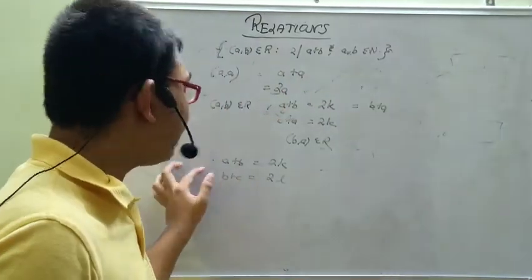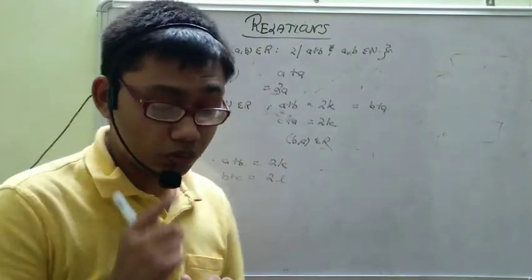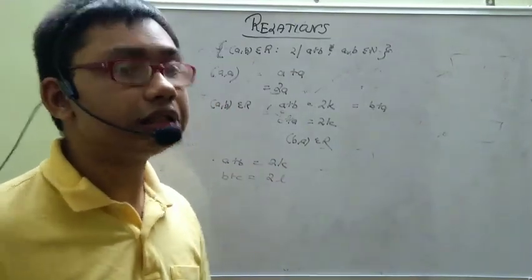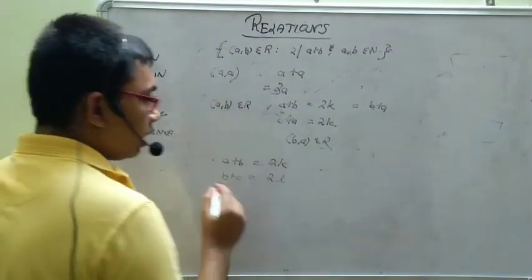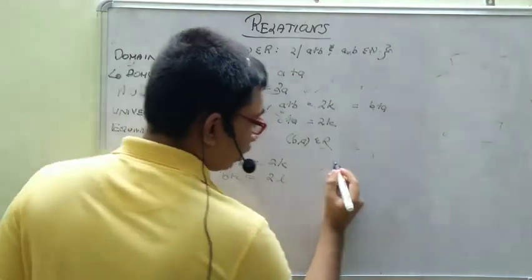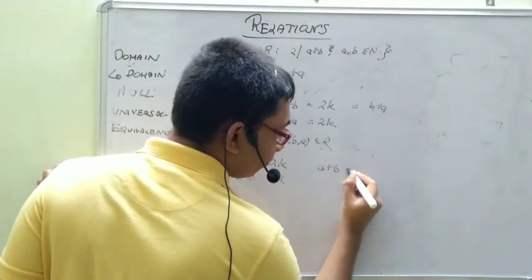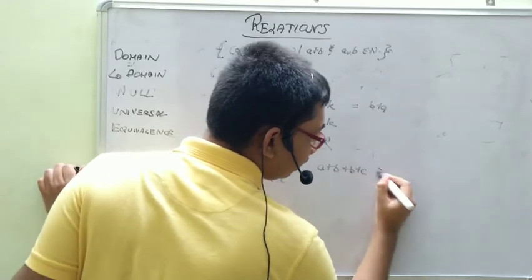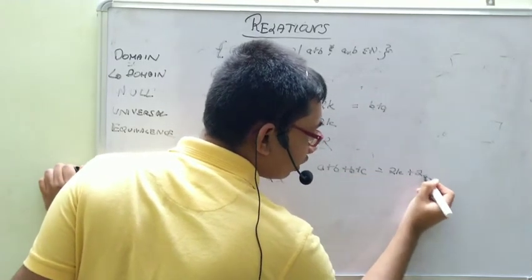Now we will see if a plus c is divisible by 2. Only then can we say it is transitive. How do we check? We add both: a plus b plus b plus c is equal to 2k plus 2l.